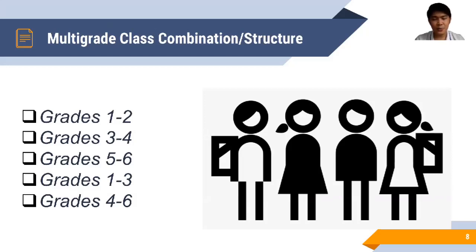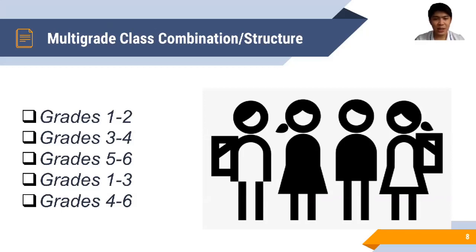And the other multigrade combination is grades 1 to 3, being handled by a single teacher, and grades 4, 5, 6 being handled by a single teacher. So, ito po ang usual na class combination or structure in a multigrade class.